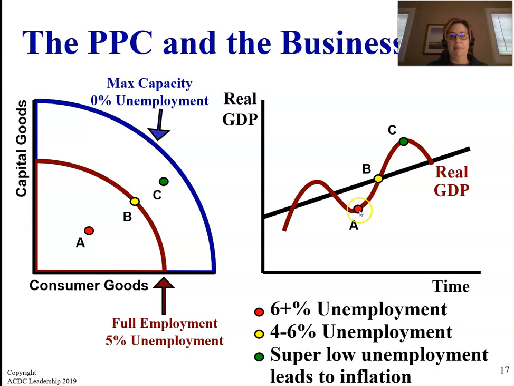So the economy would be in a recession here. The yellow point here, unemployment is healthy. So resources are being used efficiently and the economy is growing at a healthy rate. At C, you have super low unemployment, but you have inflation. So you're operating out here. And that would represent the economy growing quickly, but the downside of that is inflation.